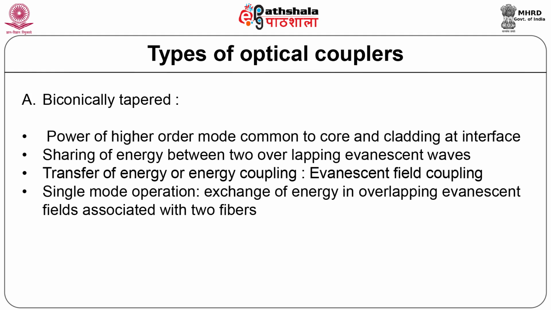So, now try to understand the effect of the tapering, and therefore the energy is shared between the two overlapping evanescent waves, and energy is transferred from one fiber to the other, and this is how the energy coupling takes place between the two fibers. This technique is called evanescent field coupling.